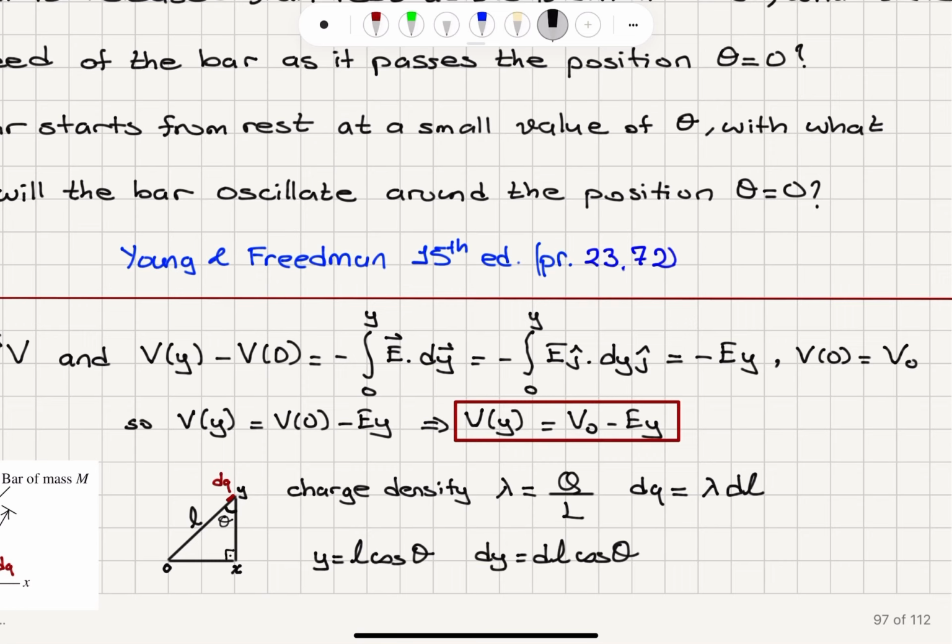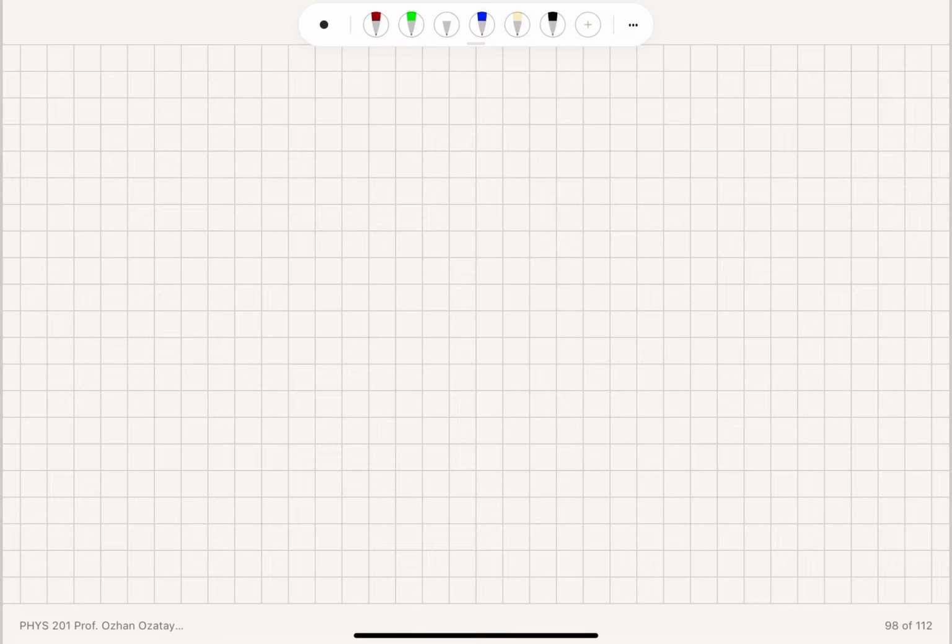So the relationship between dl and dy is that dl is equal to dy divided by cosine theta. And now I know how to write dq. dq is lambda dl, which is lambda times dy over cosine theta, where lambda is capital Q over capital L.